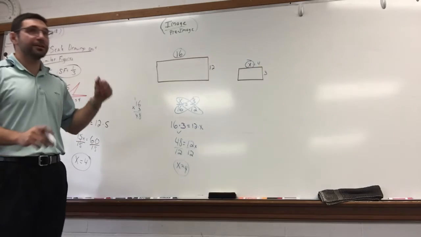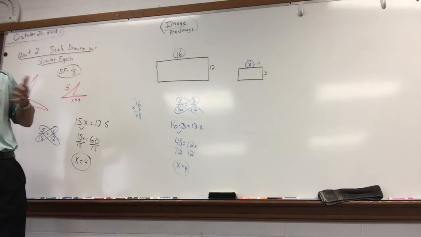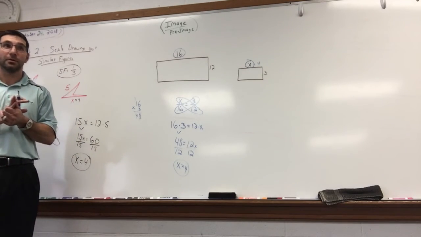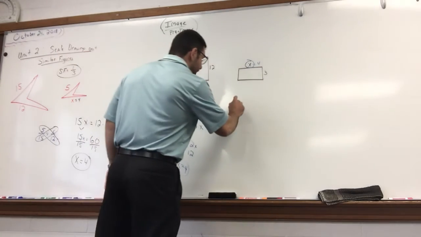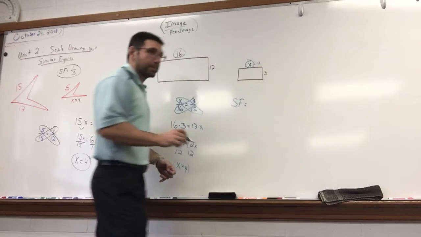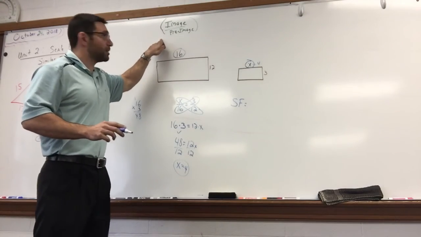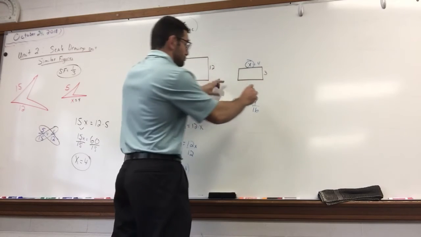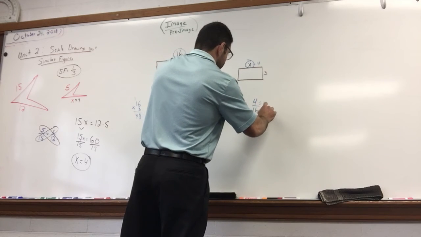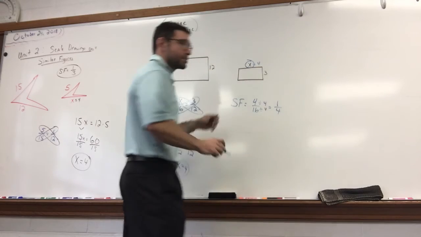Now, that's all this question was asking, but somebody said, Mr. H, I don't know how to find the scale factor. Now that we have x equaling 4, if I wanted to find the scale factor, it's image over pre-image. So it's going to be 4 over 16. Divide both by 4, gives me 1/4.